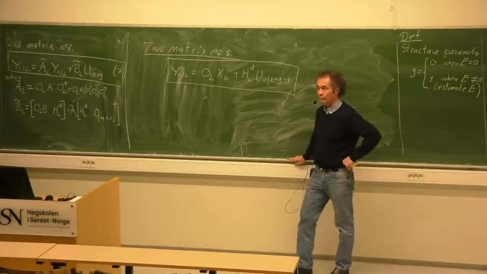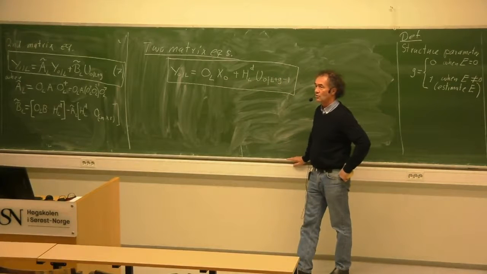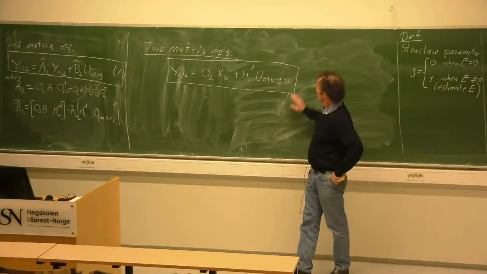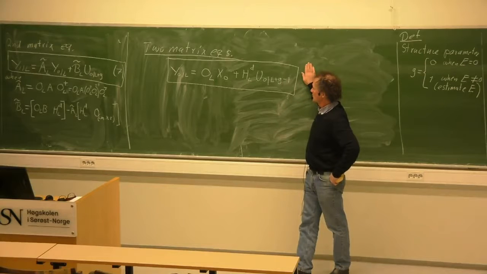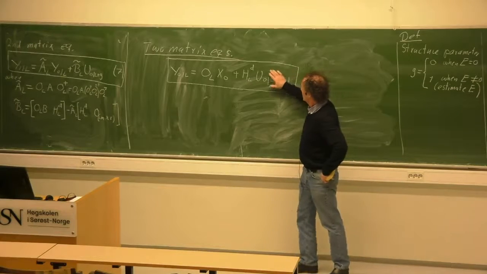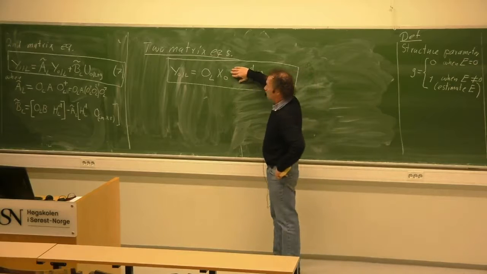Remember how to find the system order now. It is in fact from those two matrix equations. Remember back to the autonomous case. It didn't have this second term.